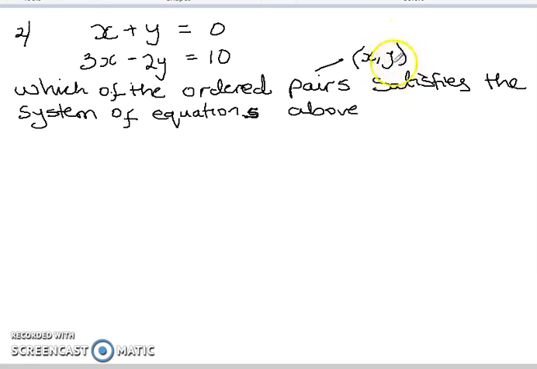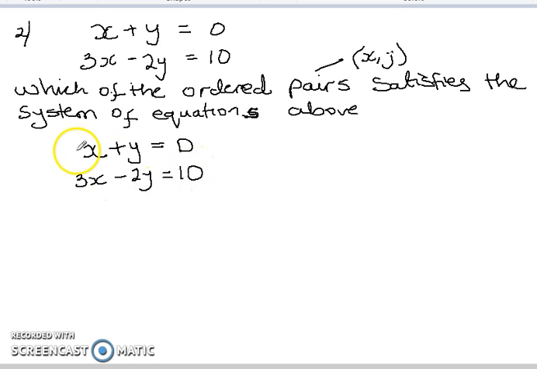So this is not to confuse, this is just to say solve for x and y. So let's do that. This is 0 and this one down here, 3x minus 2y is equal to 10.